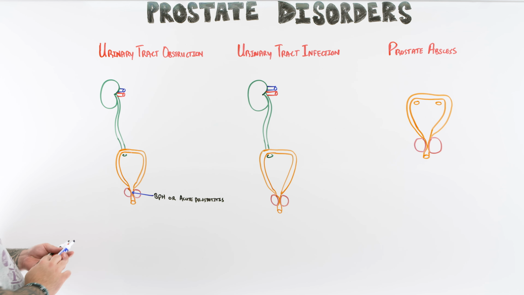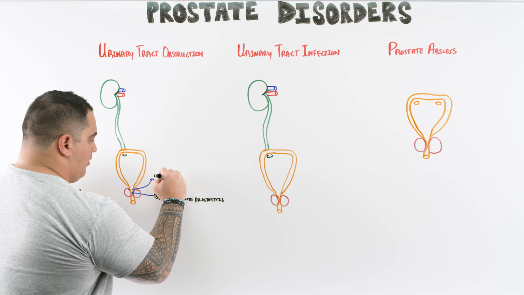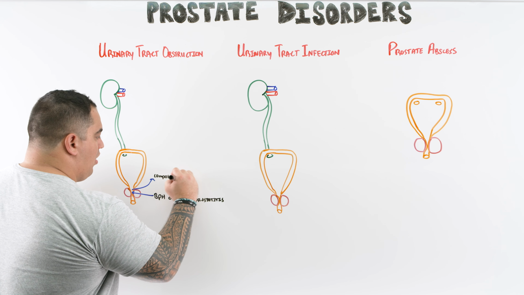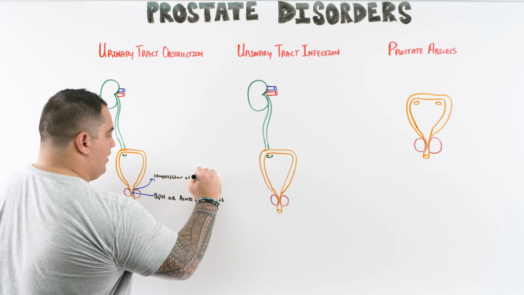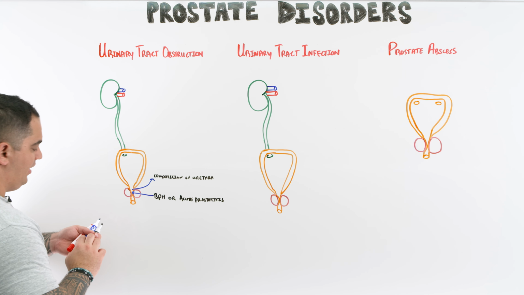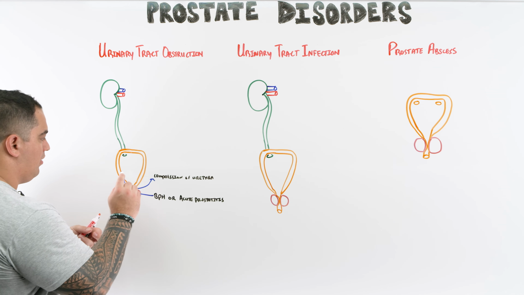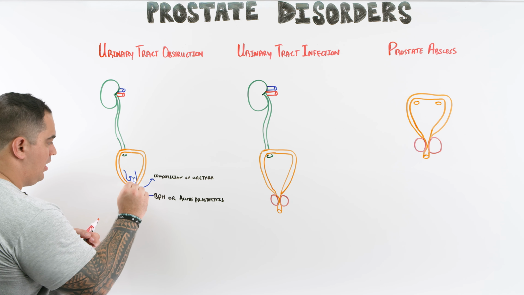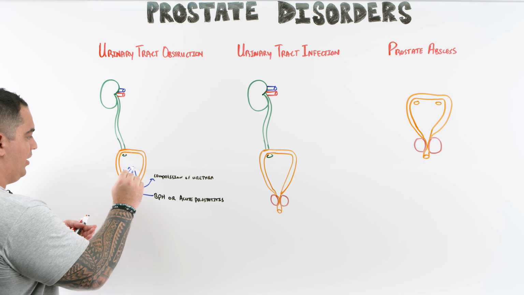Now, from the compression of the urethra or bladder outlet obstruction, you'll see that factor that we've talked about pretty consistently here, is that with this will come the inability for urine to flow outwards. As a result, urine will build up.